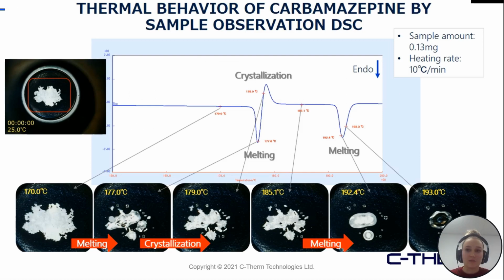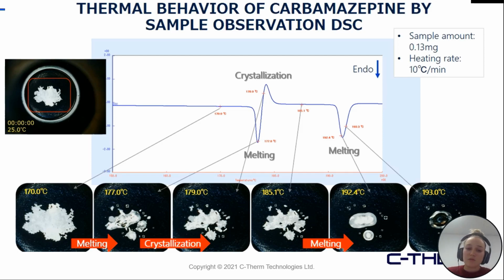Okay, so now I'm just going to get into some applications. This is the thermal behavior of carbamazepine by sample observation DSC. If you remember back at the start of this presentation, this was actually what I used to show when things can be kind of confusing. So we're going to start here. As we go along, we see the sample actually melts, followed by a really quick crystallization. And then as we go along, we see a second melt.